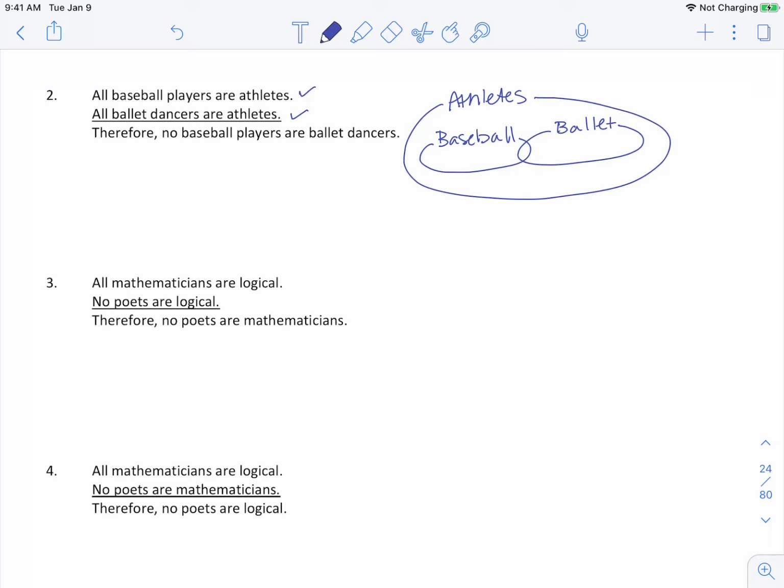Therefore, no baseball players are ballet dancers. But you can see here, I can draw it where there are some baseball players that are also ballet dancers. So this proves a counterexample. So my argument is invalid for this one.